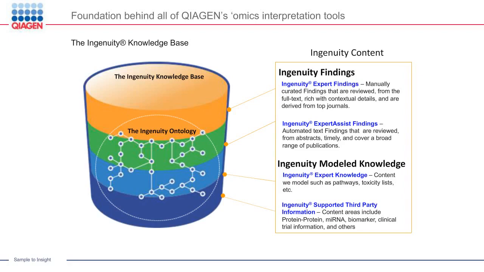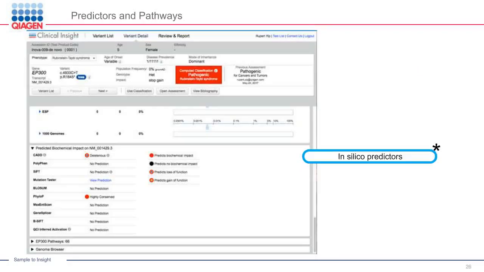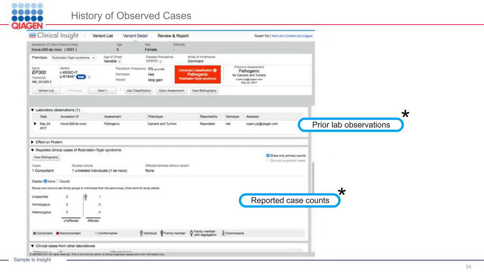Yeah, that's another really important feature to note. You can see here, for example, in this EP300 example, I have this laboratory observations key where it has pointed out the assessment when I previously saw it, the date, the accession ID, and the phenotype.